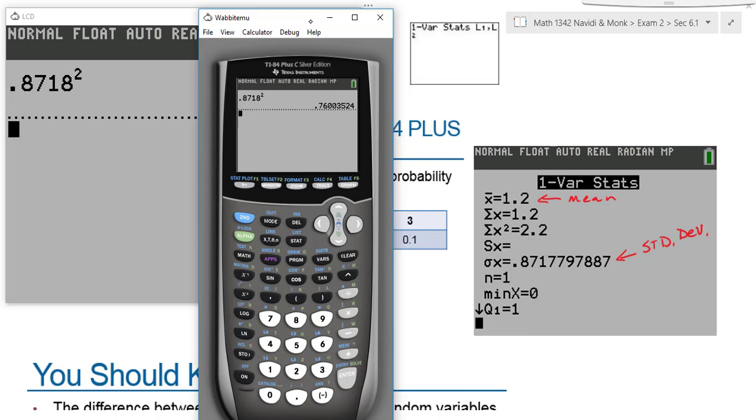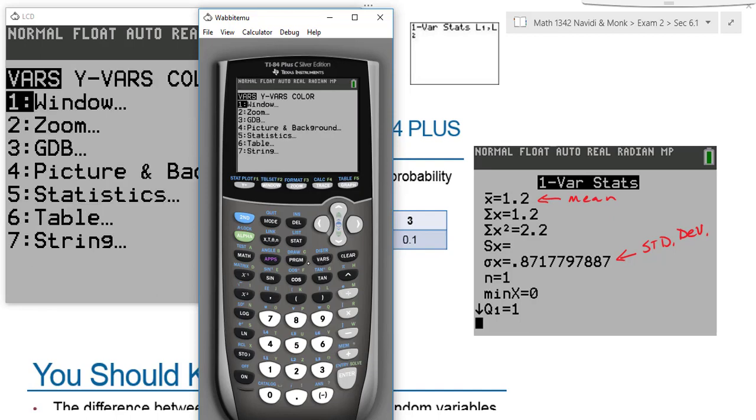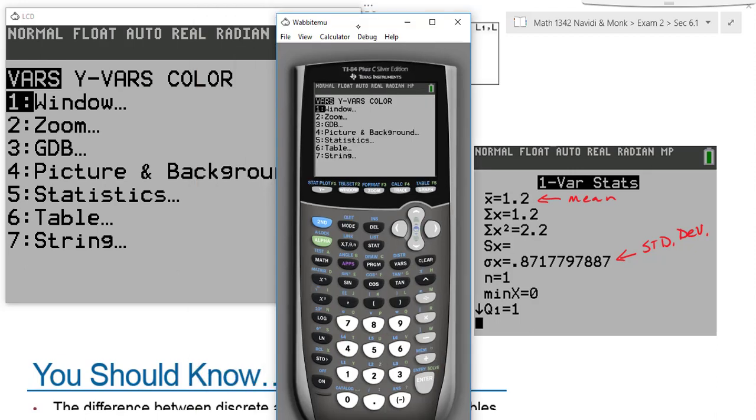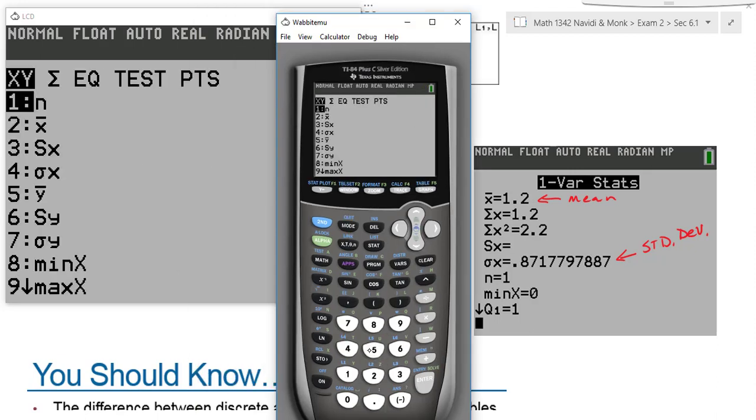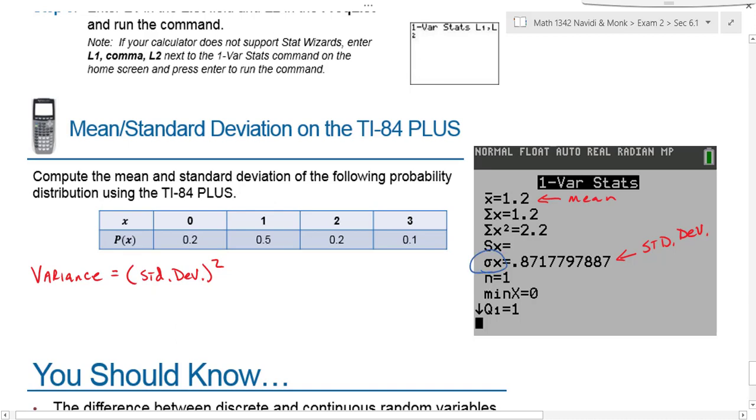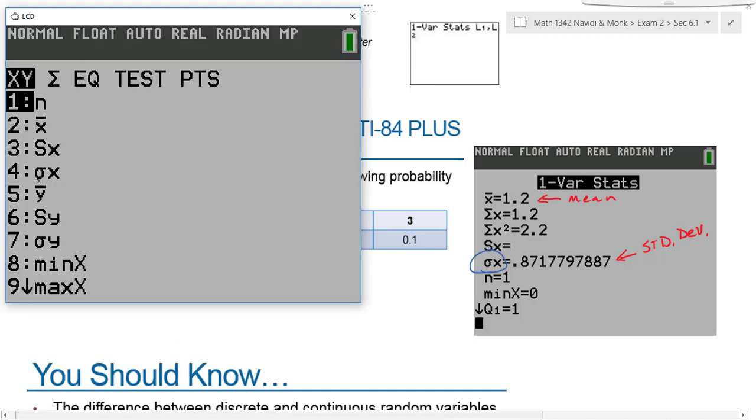In order to get the variance accurately, you see this button right here that says VARS? VARS stands for variables. If you hit that button, then there's an option that says statistics. We hit 5 for statistics, and then number 4 here is the standard deviation that we saw in our output right here underneath the S of X. This number right here is this value right here.